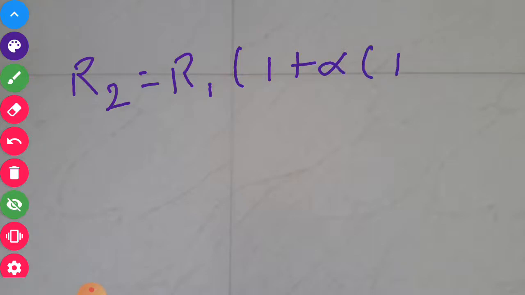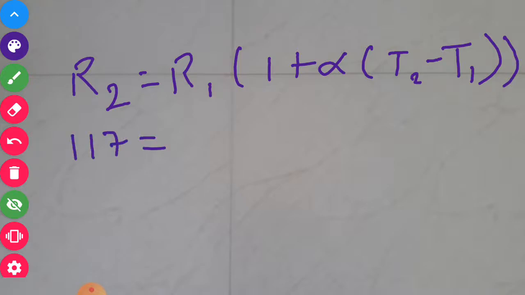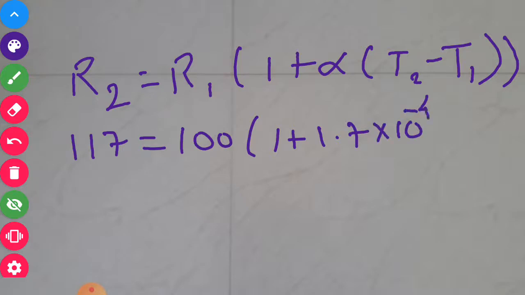R2 is equal to R1 into 1 plus alpha into T2 minus T1. Now just place the values. 117 is equal to 100 into 1 plus alpha, 1.7 into 10 to the power minus 4, into T2, which we want to calculate, minus initial temperature 27.